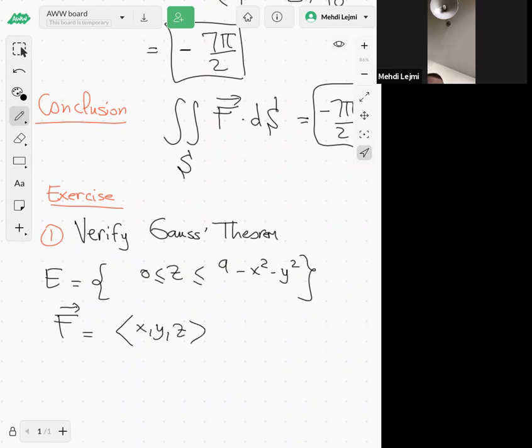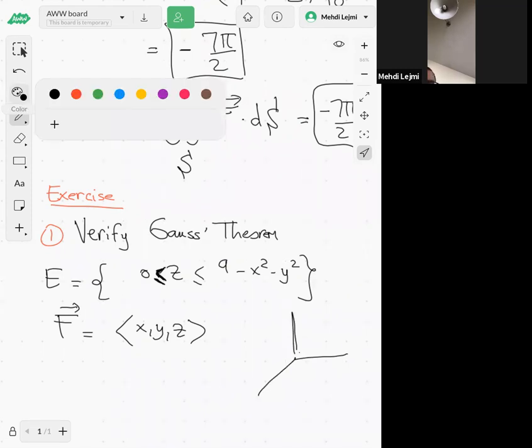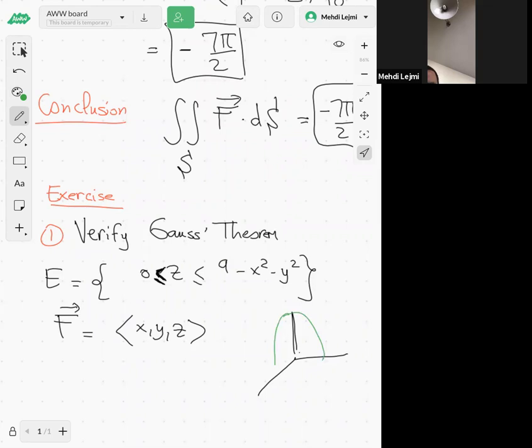So the solid E here is the inside of the paraboloid, and z is also equal to 0 at the base. That's my solid E. Another exercise.